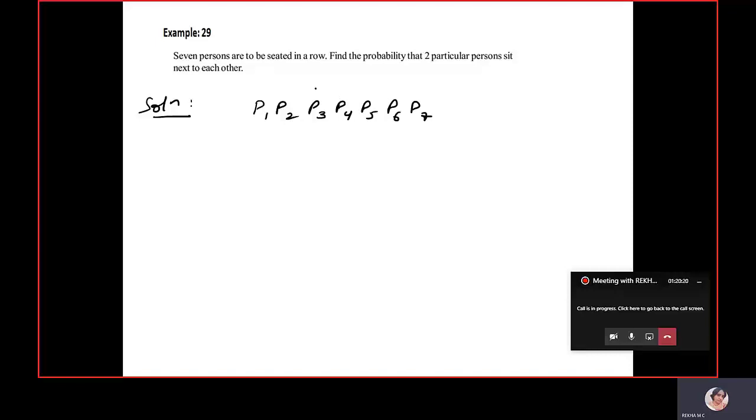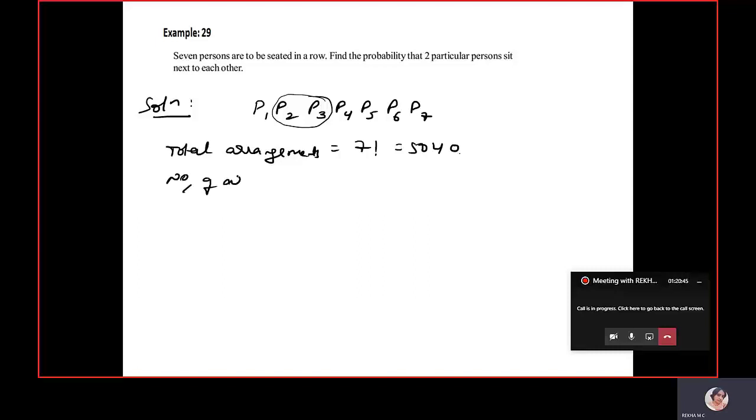So 2 particular persons sit next to each other. So total arrangements will be equal to 7 factorial. So that is 5040.